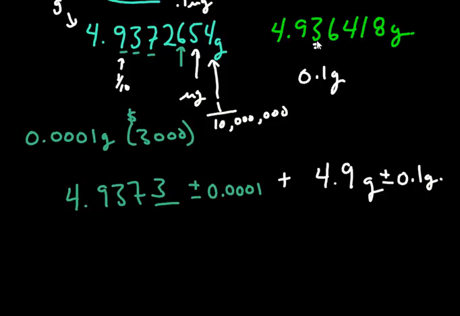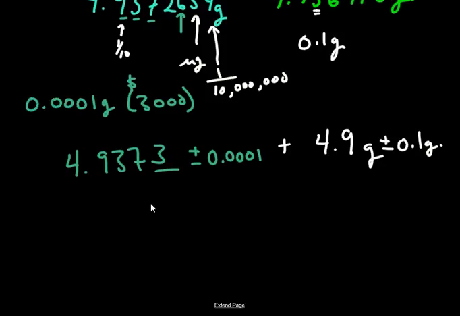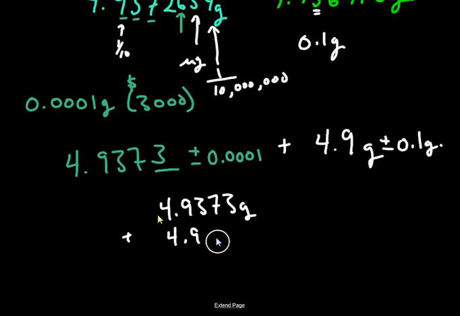So I can't really know, we're saying these digits are this, but based on our measuring tool, we can't know beyond a certain point what they really are. So when I add these two things together, we'll just skip that uncertainty for a second, and we go 4.9373 grams, and to that we add 4.9, and actually nothing, not zeros, we don't even know what they are. We add them together, you type that in your calculator, what do you get?